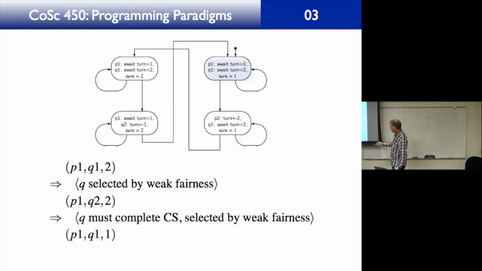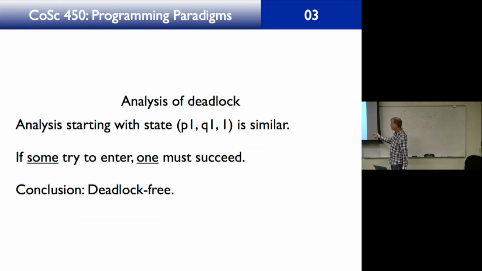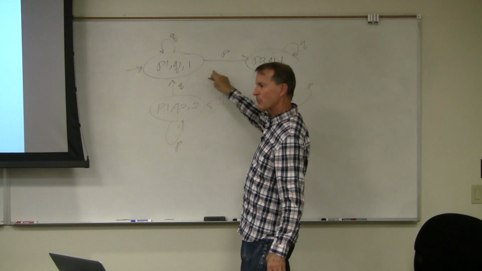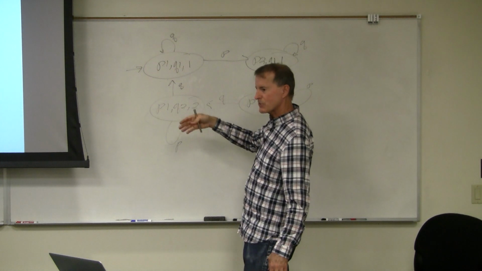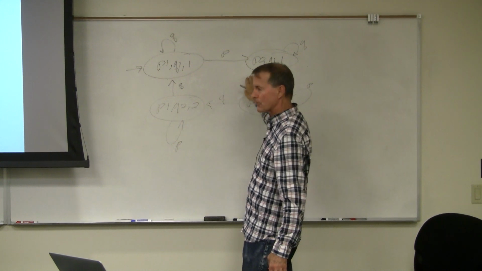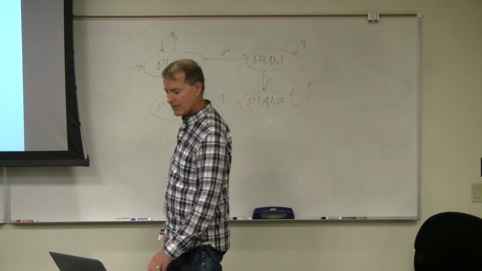The analysis starting with state P1, Q1, 1 is similar. If some try to enter, one must succeed. Therefore, the conclusion is that it's deadlock free. By weak fairness, this one will eventually get picked, and it goes to here. If it's in its critical section, we assume it will finish, and therefore by weak fairness it will be completed and can go there.